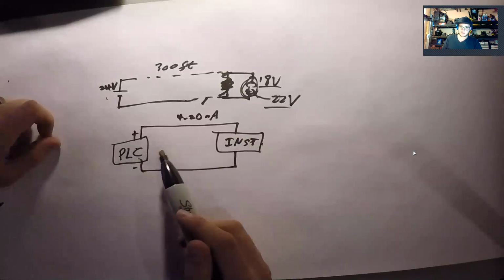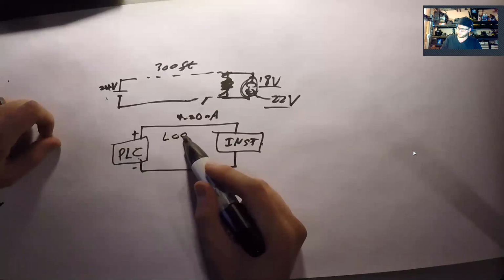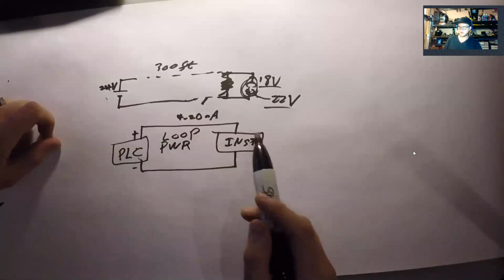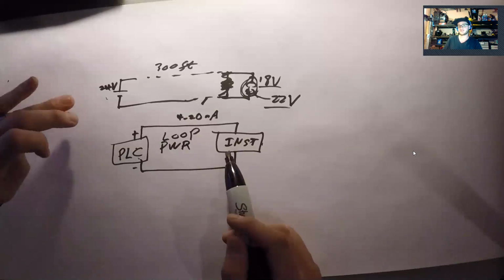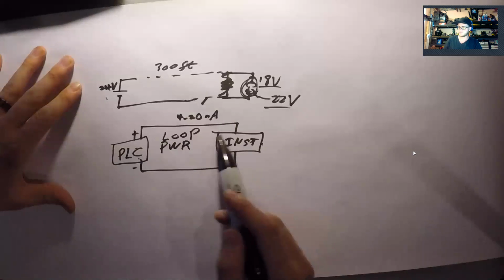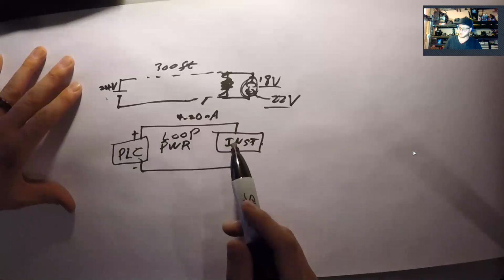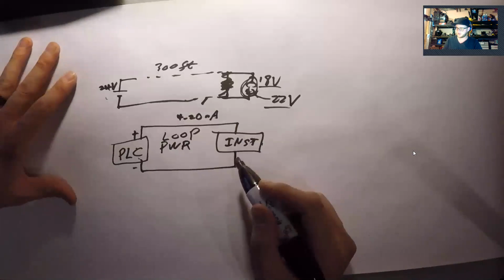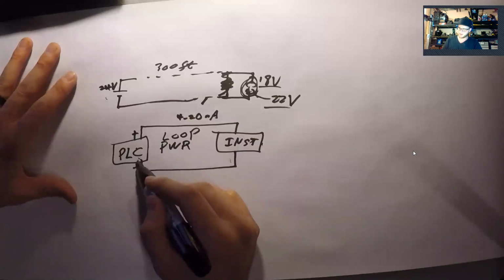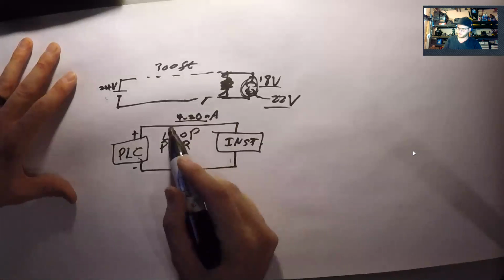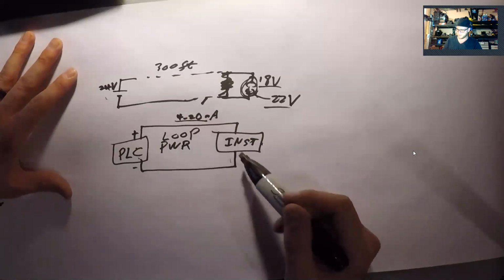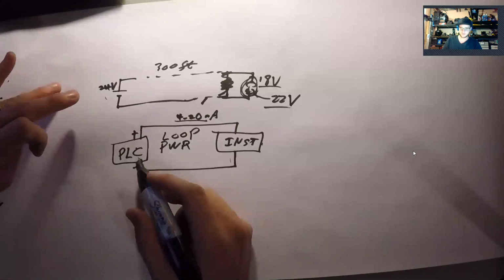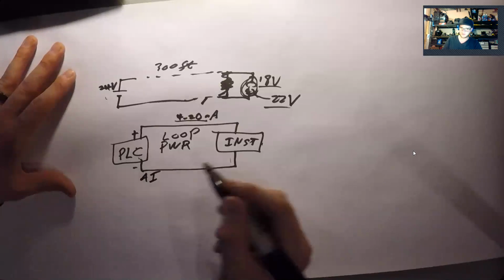And so what you can do is do what's called loop powering, where all the power, all the juice that this instrument needs to run correctly is being supplied to it in this positive leg. And then this device is taking that, powering on, and then returning current on this scale, this 4 to 20 milliamp scale, back to the controller, which the controller is reading as an input, as an analog in.